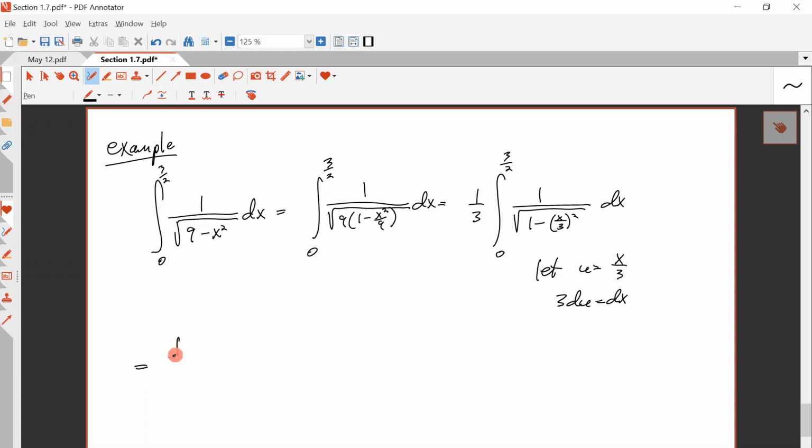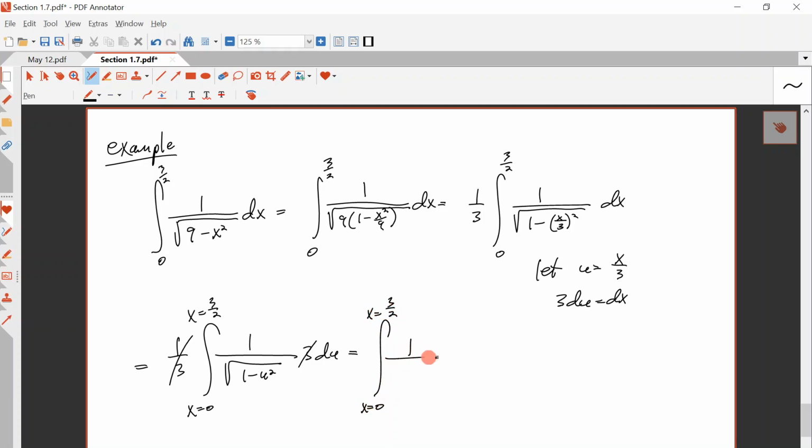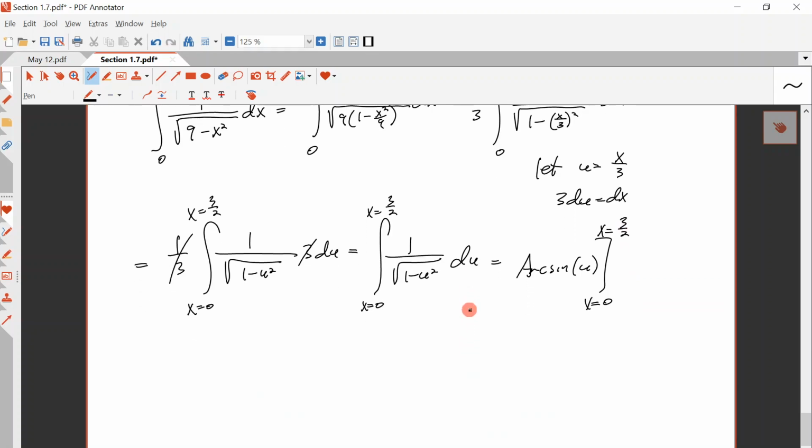So this becomes 1/3 integral from x equals 0 to x equals 3 halves, 1 over square root 1 minus u squared, 3 du. The 3 and the 1/3 cancel. So we're left with the integral of 1 over square root 1 minus u squared du, whose antiderivative is arc sine u, evaluated from x equals 0 to x equals 3 halves.